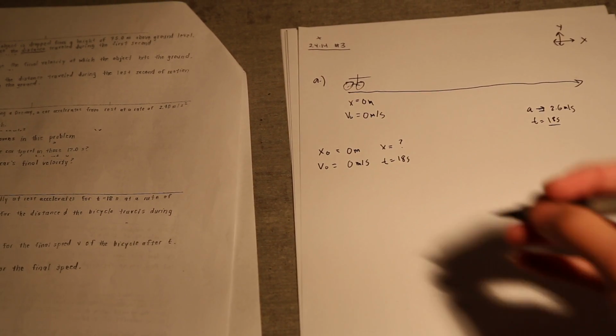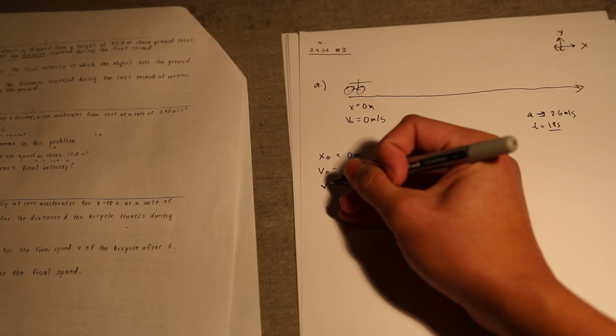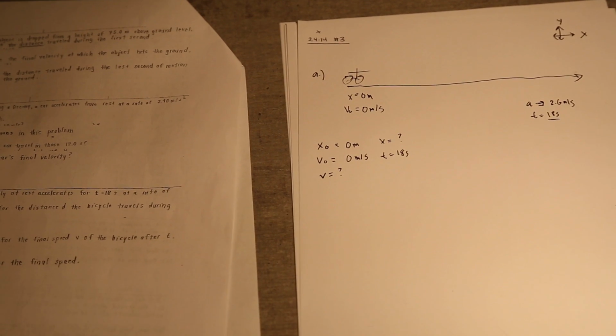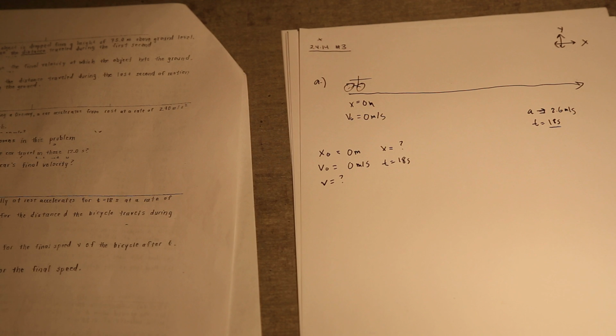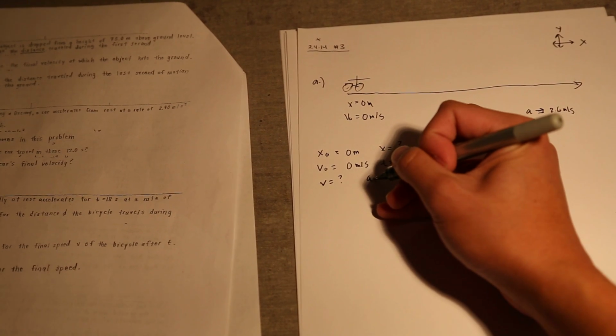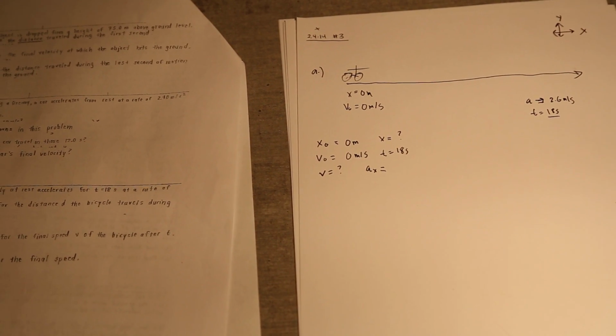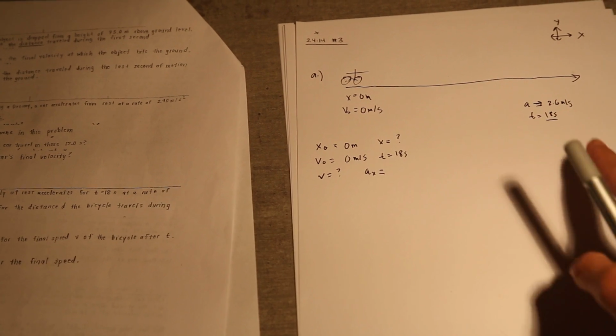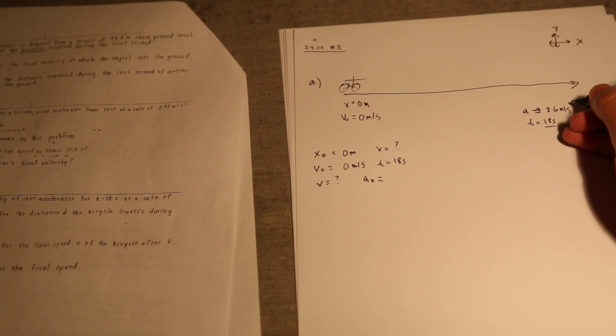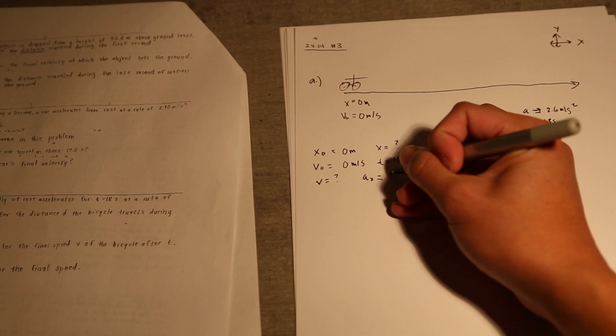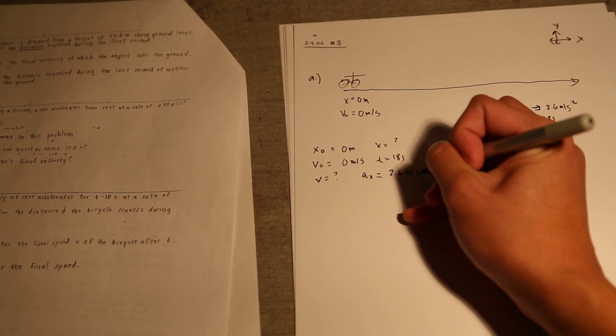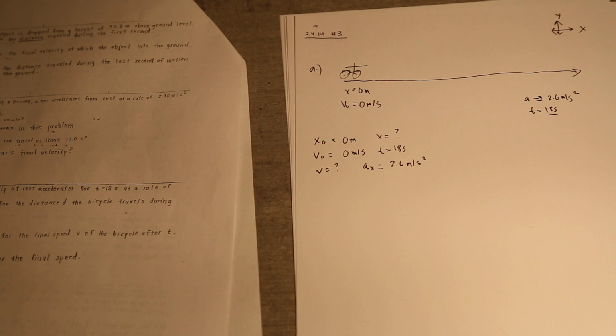We don't know the final velocity, so put a question mark there. And we do know the acceleration in the x direction. The problem says it is 2.6 meters per second squared.